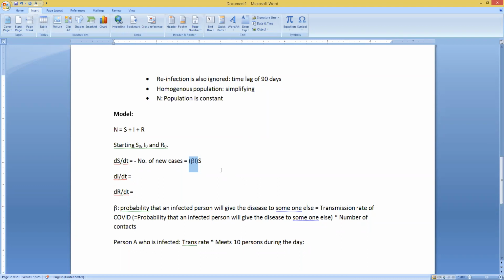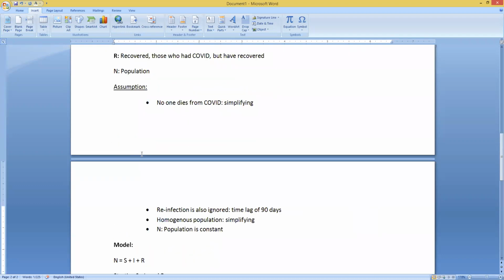So I is the number of contacts. No, I is infected. So will it be for the 0th period, the period you're starting from? I can't hear you.